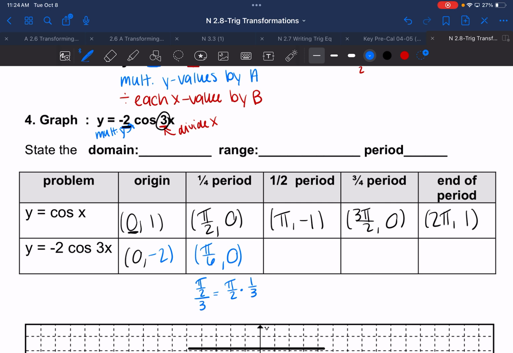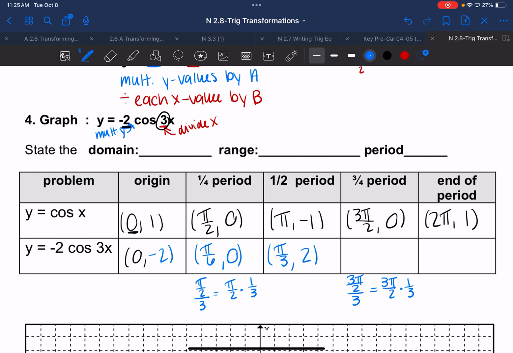For pi, on the next one, I'm supposed to divide pi by 3, which would be pi over 3. And then my y value, I'm supposed to multiply by negative 2. Negative 1 times negative 2 would be 2. Then we've got 3 pi halves. I'm supposed to divide by 3, which really means 3 pi halves times a third. So what's that going to give us? 3 pi over 6.